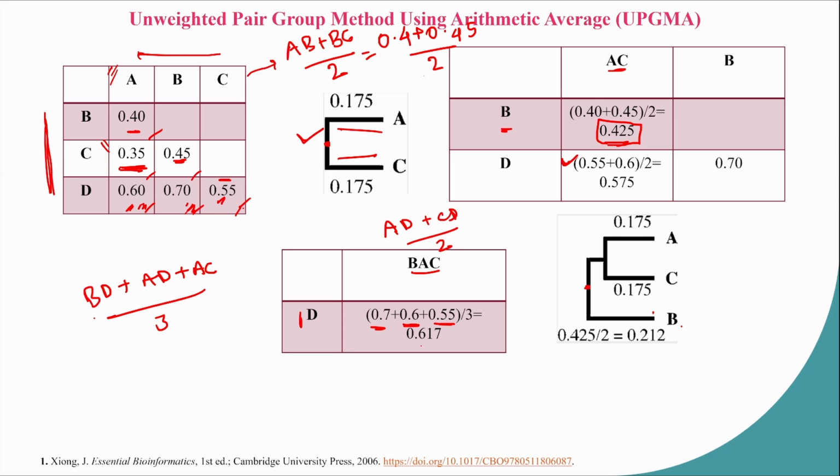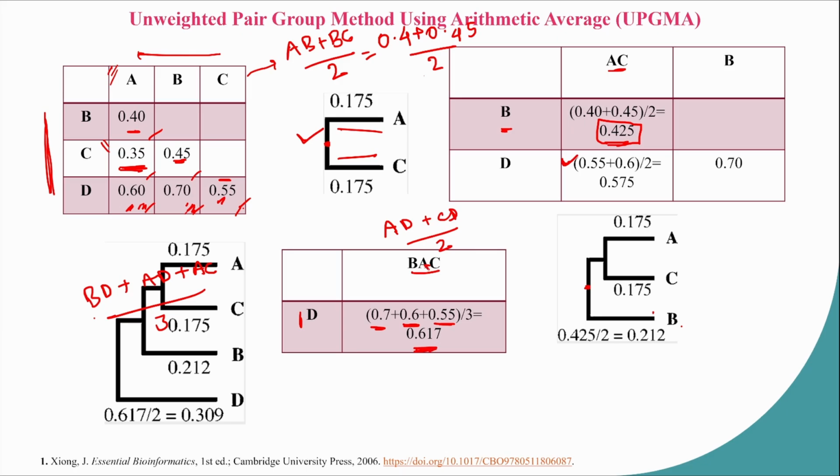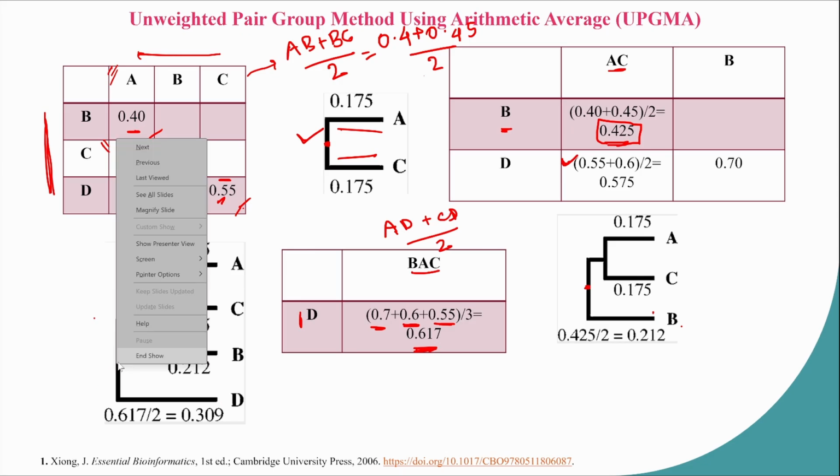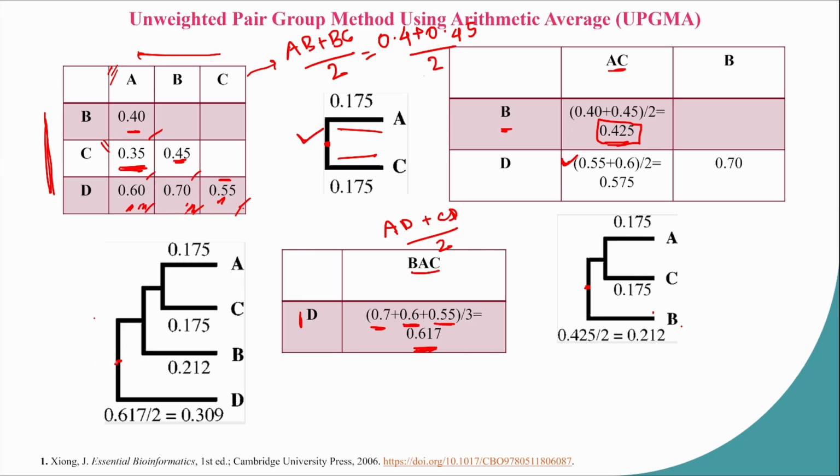Add all of these up and divide by 3, you get 0.617. So what you are basically doing is, again, the combined set of nodes here, A, C, and B all connected, you are just putting D as originating from a common point between all of these. This common point to D distance will be calculated by this value divided by 2, because you are halving the total value, so 0.309.